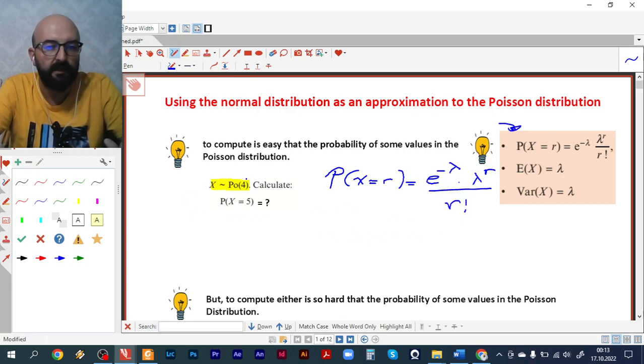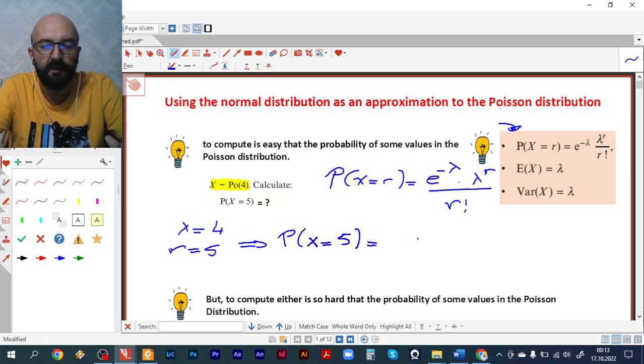Here 4 is our mean, or lambda value, and 5 is the value whose probability we want, so it is lambda^5 over 5 factorial multiplied by e^(-4).